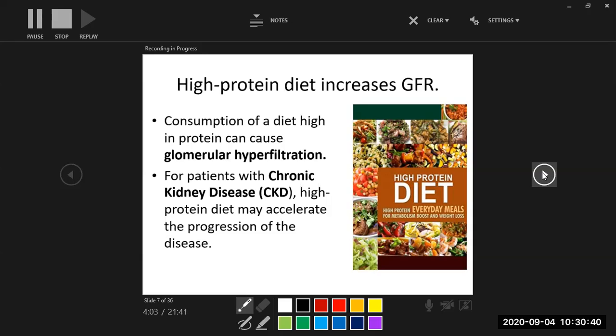And one of them with the high protein diet is the concern with the kidney. If the patient has kidney disease, chronic kidney disease, we don't want to add more work to the kidney because the kidney is already working a lot.